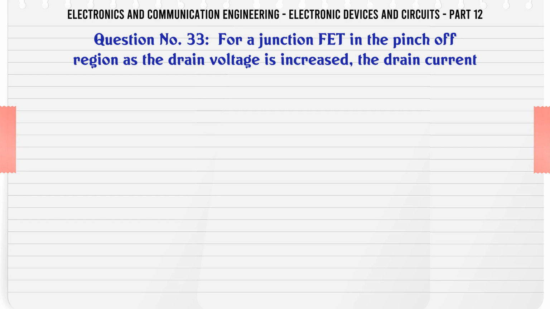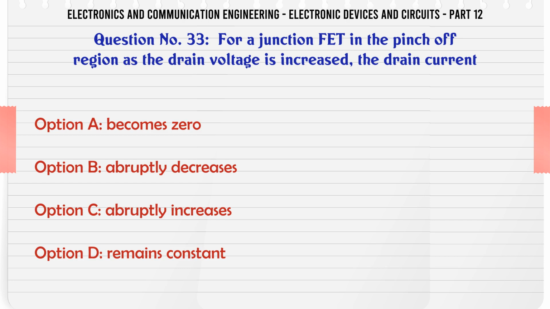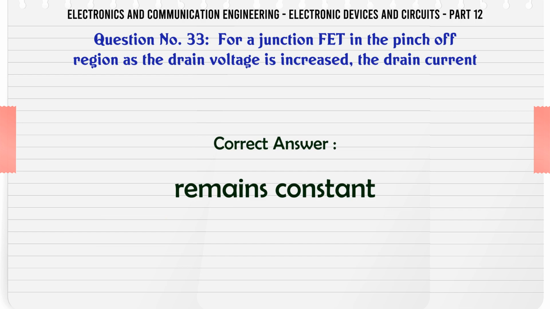For a junction FET in the pinch-off region, as the drain voltage is increased, the drain current A) becomes 0, B) abruptly decreases, C) abruptly increases, D) remains constant. The correct answer is remains constant.